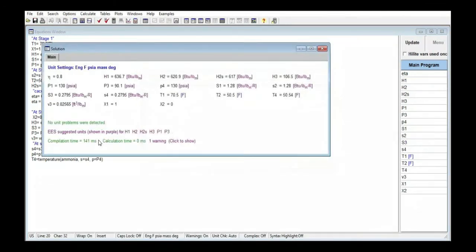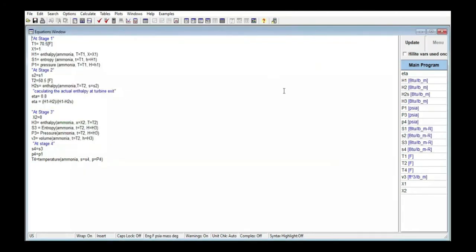Here you get T4 is equal to 50.54. We also calculate the enthalpy. H4 is equal to enthalpy, ammonia, and we will use this temperature value which we have calculated, so T is equal to T4.